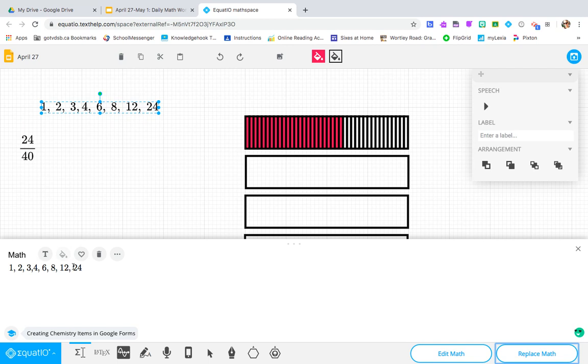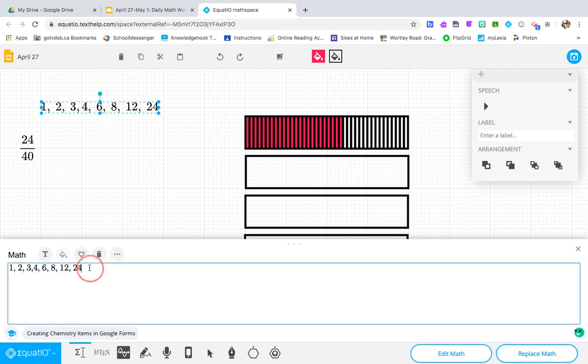Now, to find a common factor, we also need to list all of the factors of 40. So 1 times 40 are 2 factors. 2 times 20 are 2 factors. The number 3 doesn't go into 40, but 4 does. 4 times 10 is 40.